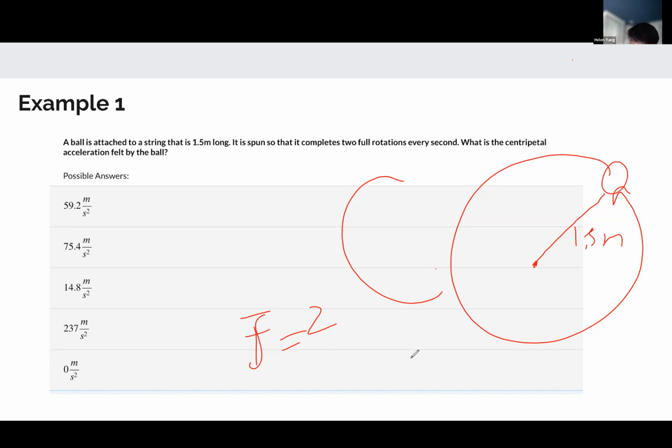So first, we're trying to find the centrifugal acceleration. So if we had the formula v squared over r, we know r, which is 1.5 meters. So we're trying to find v.